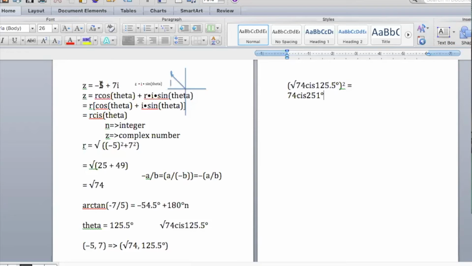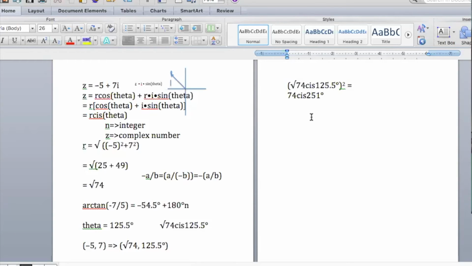And if I wanted to square it in this form here, I would have to say it's -5 squared plus 2 times -5 times 7i plus 7i squared, because that's what happens when you square a binomial. And then you'd have to work all of that out. This is a lot easier. So those are a handful of arithmetic rules in polar forms of complex numbers that make life a lot easier.